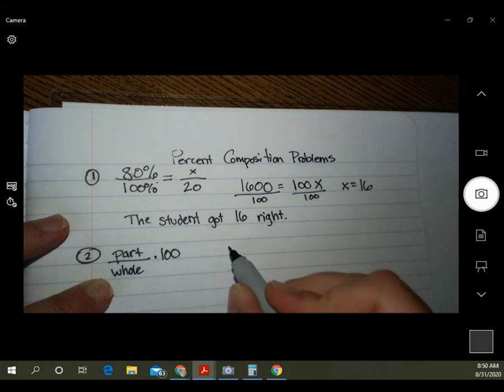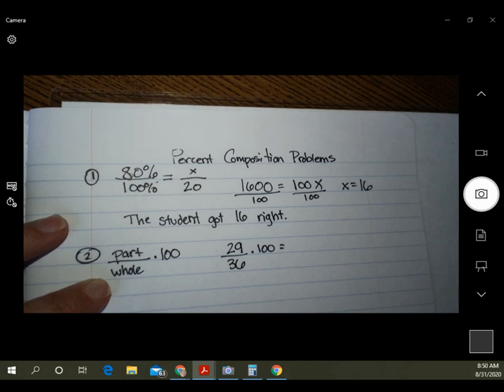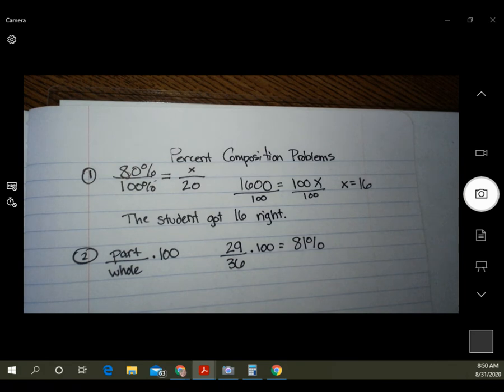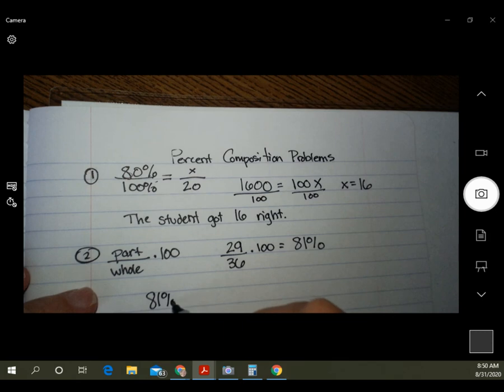So what does that look like? We had 29 workers there out of 36, and we're going to times 100. So we get 80.5, so 81. So then we would write out 81%.